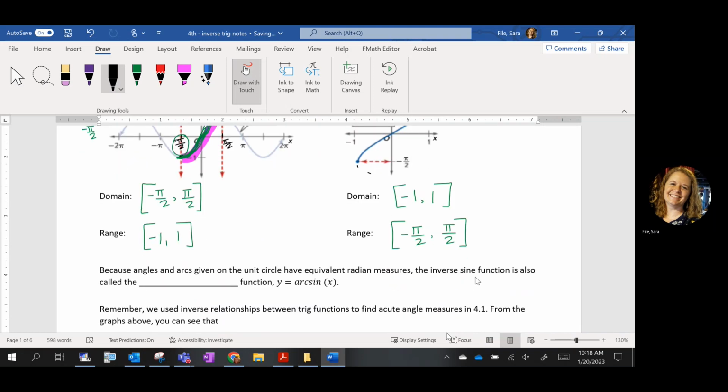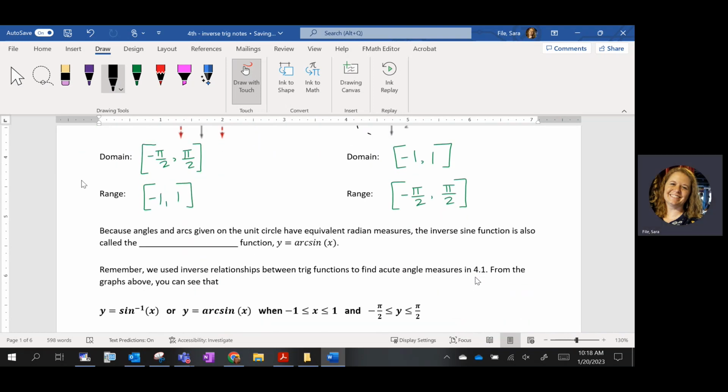Okay? So because angles and arcs given on the unit circle have equivalent radian measures, inverse sine is also called arc sine. Okay, so inverse sine, arc sine, those mean the same thing.